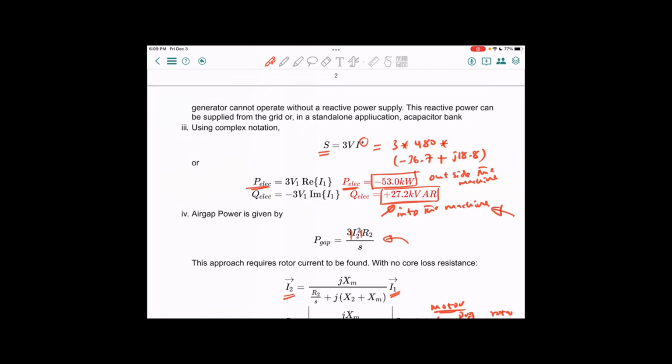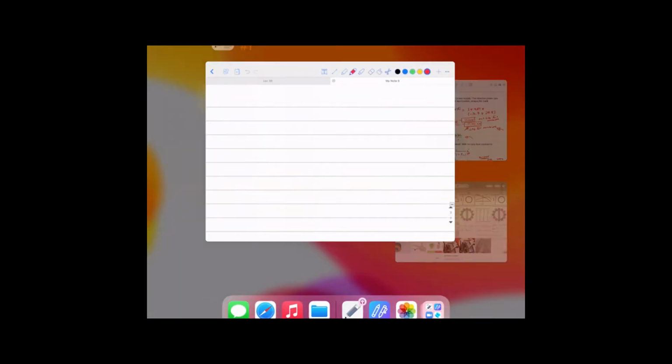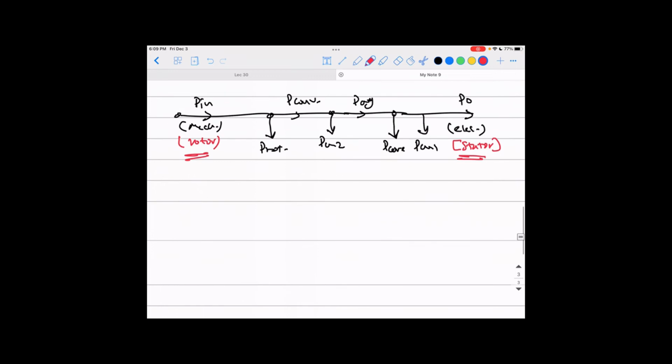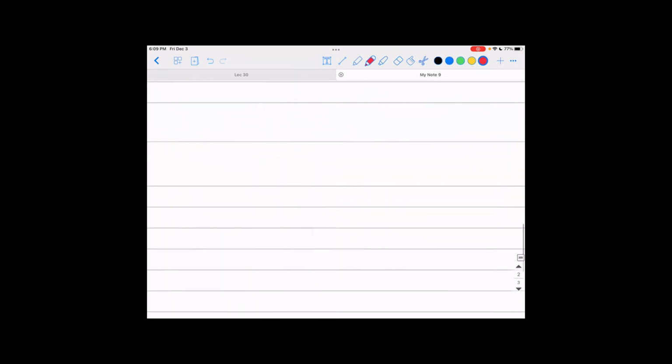Because like we said, an induction generator cannot give Q to the grid, cannot output Q. It has to still input Q to build its own magnetic field, because it doesn't have a separate winding to do it. Okay, guys? I hope that helps you understand more about the generator mode in this kind of machines. That's important to go along with this.